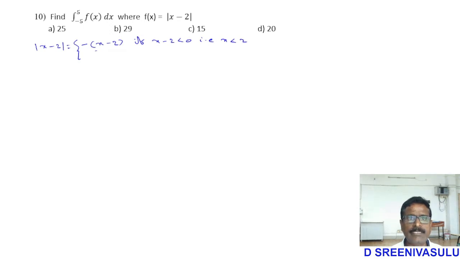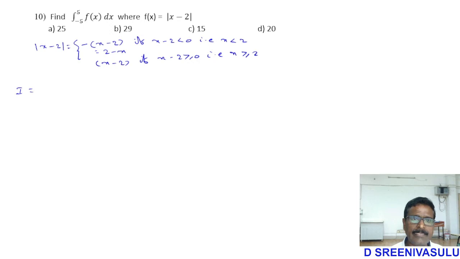This is possible to write as 2 minus x. Next it is x minus 2 if x minus 2 is greater than or equal to 0, that is x is greater than or equal to 2. The function is changing at x is equal to 2.